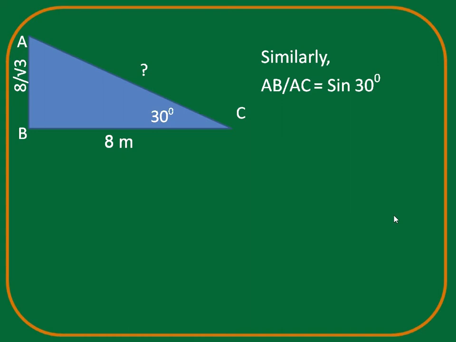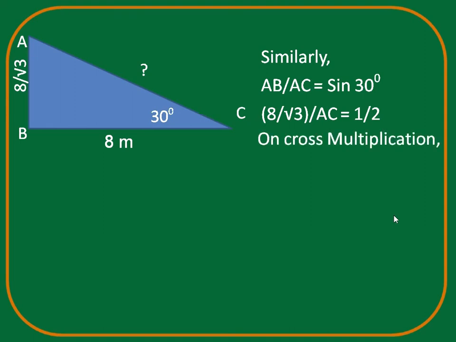AB upon AC is sin 30 degrees, and the value of AB is 8 upon square root of 3 divided by AC, and we know that the sine of 30 degrees is 1 upon 2. So the value of sin 30 degrees is 1 upon 2. By cross multiplication we get AC is equal to 2 multiplied by 8 upon square root of 3, which is equal to 16 upon square root of 3.